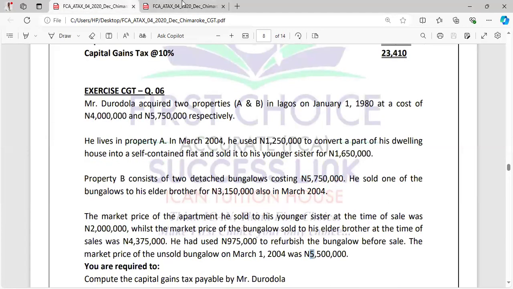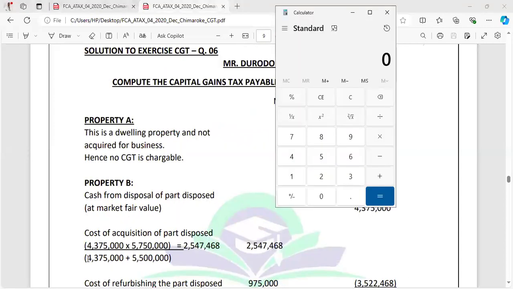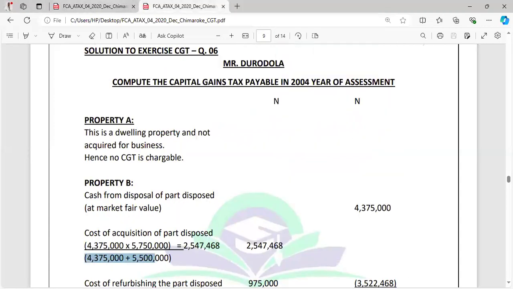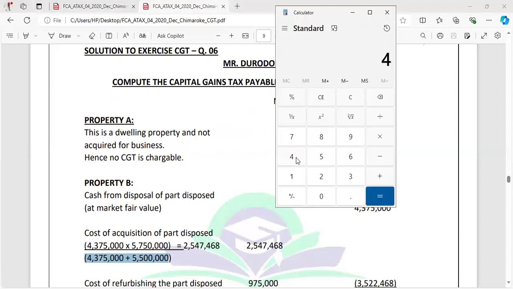Now I'm going to do this calculation slightly differently. I will start with the denominator because it's easier. So I will come to 4,375,000.